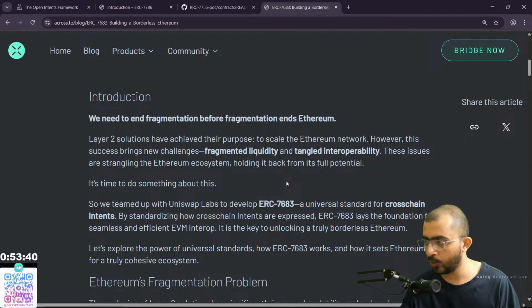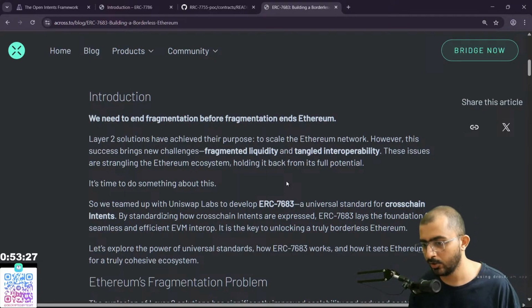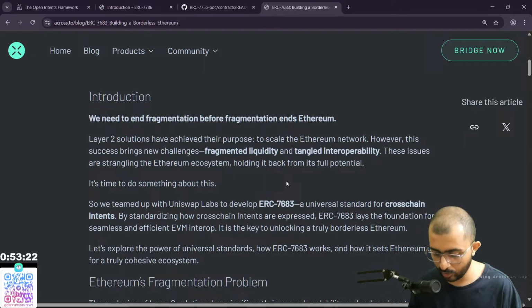For ERC-20 tokens, you can actually burn the token on the source chain and mint on the destination chain. That's what USDC does. But for other assets like Ethereum, liquidity is fragmented across different chains, and we have to get it from one chain to the destination.